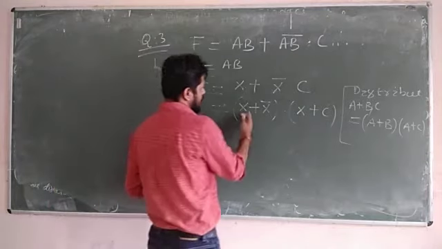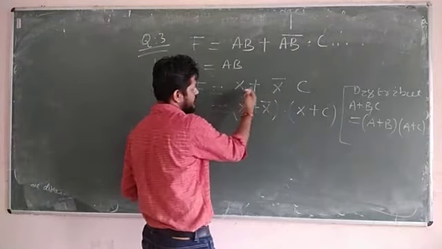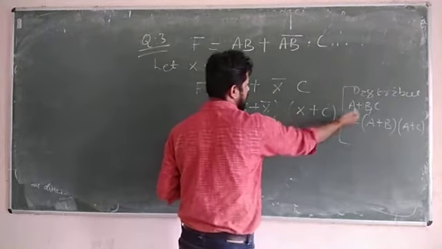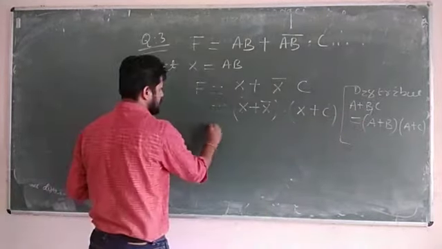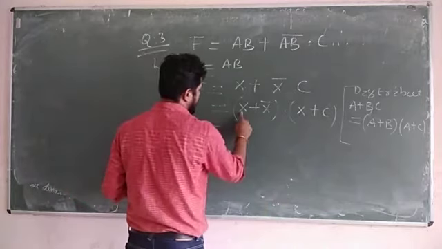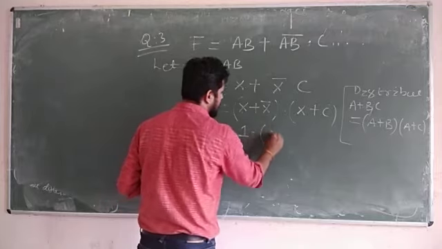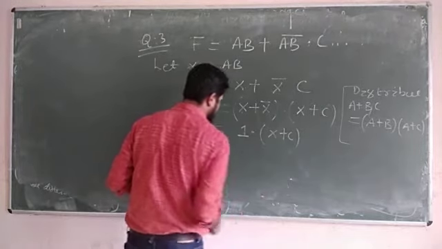So obviously x or x complement is 1, and (x or c).